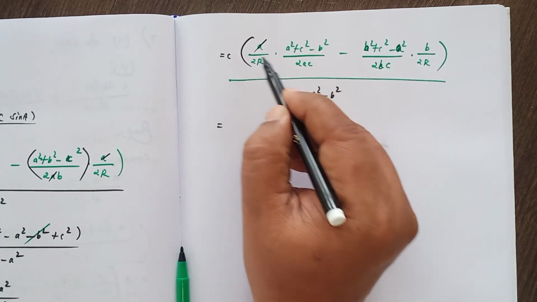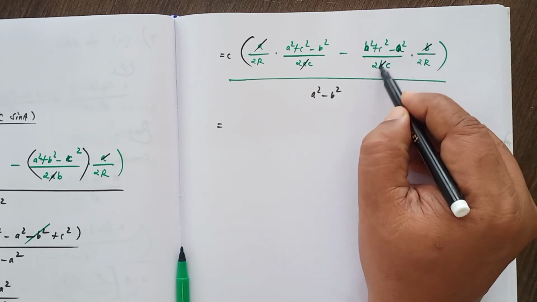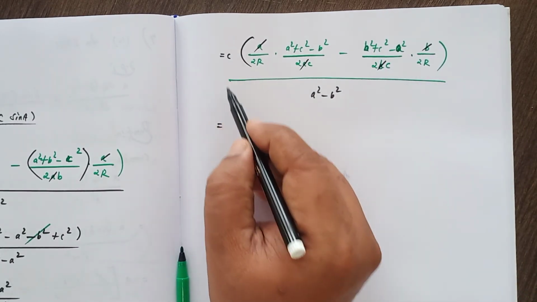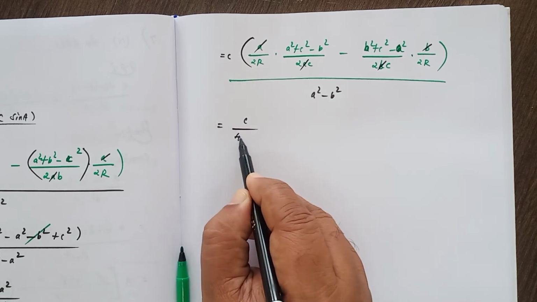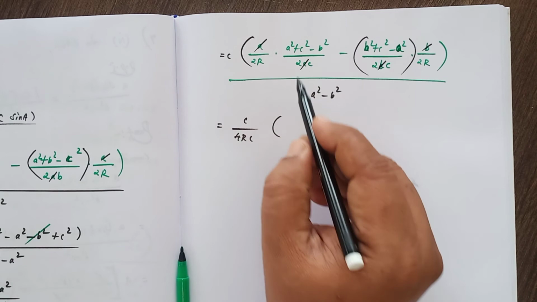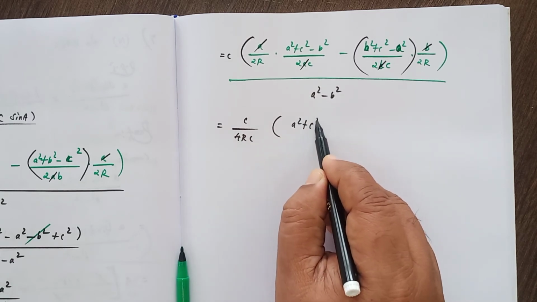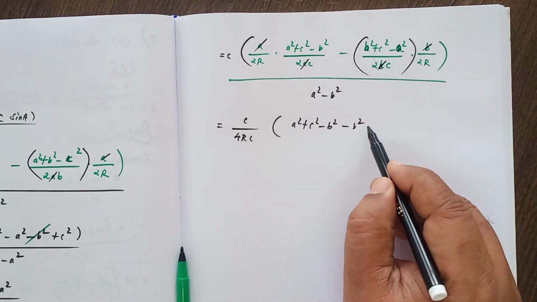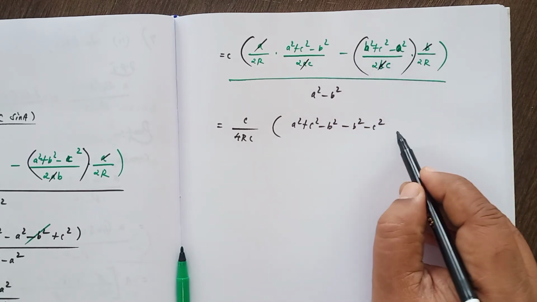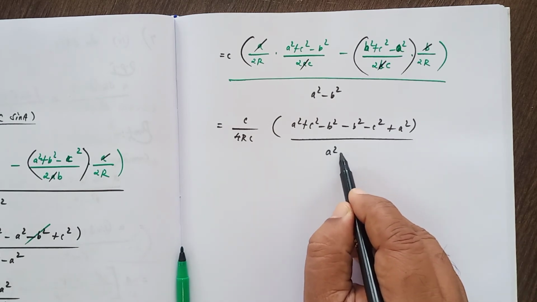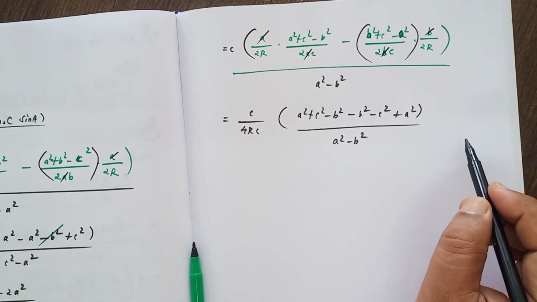Equals, here A get cancelled, here BB get cancelled, 2R into 2C, 4RC, here also 4RC, already we have C in the numerator, C divided by 4RC into, this is common, so write A squared plus C squared minus B squared, minus into B squared, minus B squared, minus into C squared, minus C squared, minus into minus plus A squared, divided by A squared minus B squared.